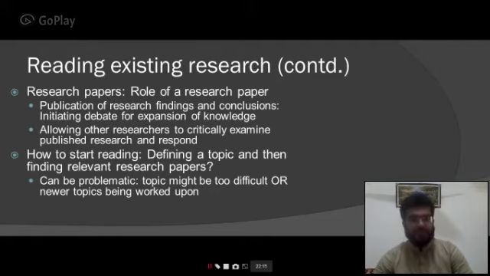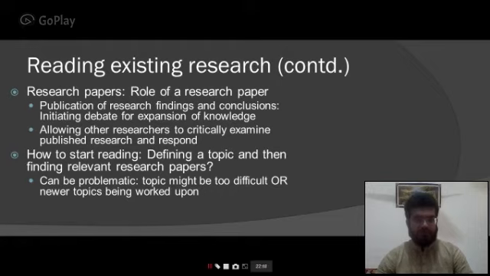As I mentioned earlier, after reading this article, a scholar might use it to build on it or respond to it by rejecting the main premises of the research.